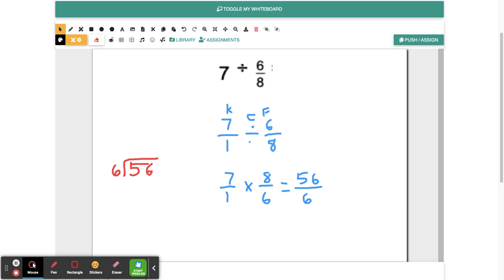In the case of long division, I really only want this number here, which is 9. I don't care about any of the other numbers behind it. Now 6 times 9, maybe you need a calculator for that, maybe you don't, but 6 times 9 is 54.